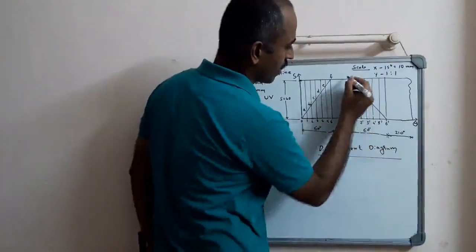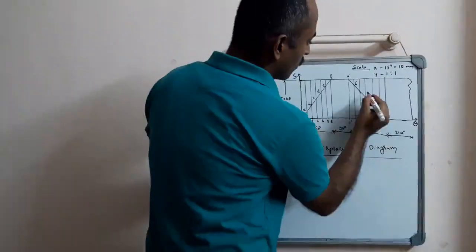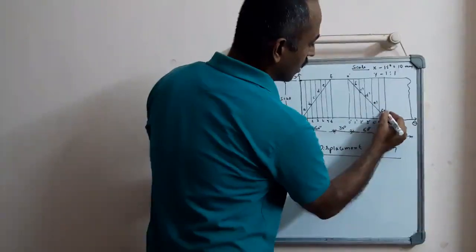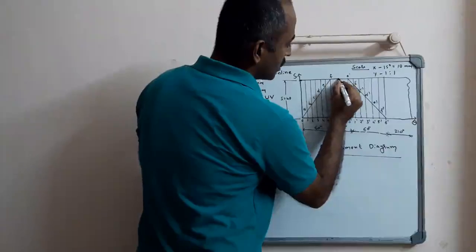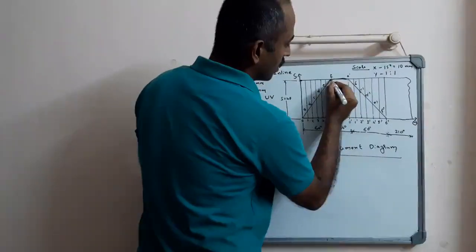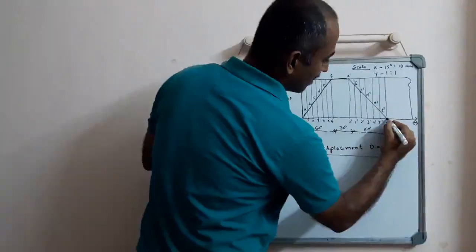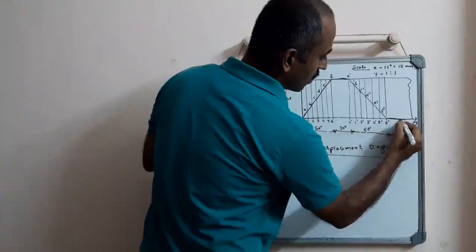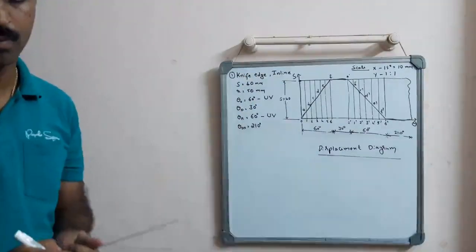Identify them as A dash, B dash, C dash, D dash, E dash, F dash. This is the dwell region and this is the dwell period of the remaining cam rotation.